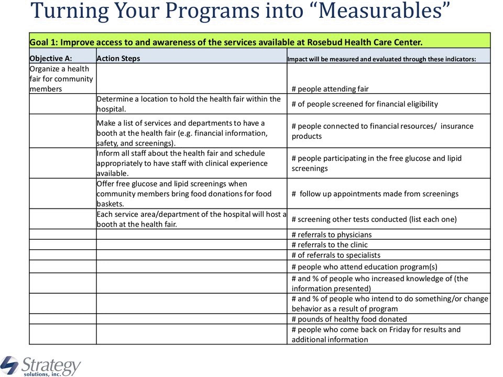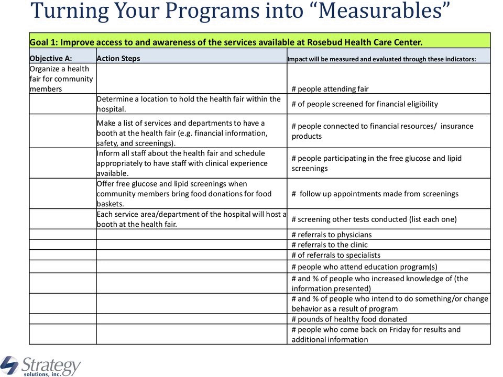The next slide actually shows what the action steps are for one of the first strategies, and then lists a number of indicators that could be used to measure and evaluate the impact of those activities. Now, you don't have to use all of these.